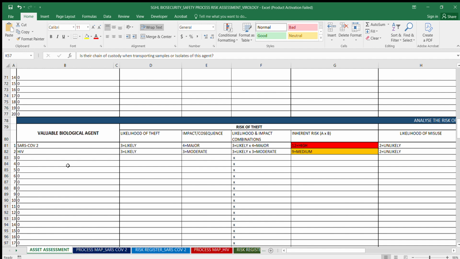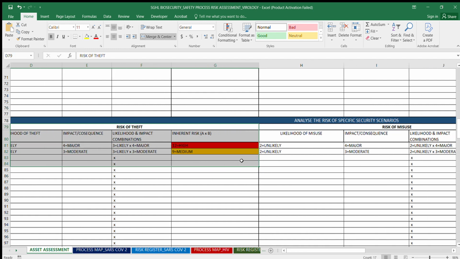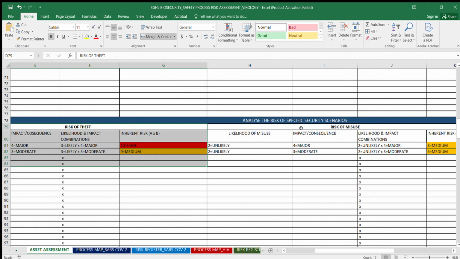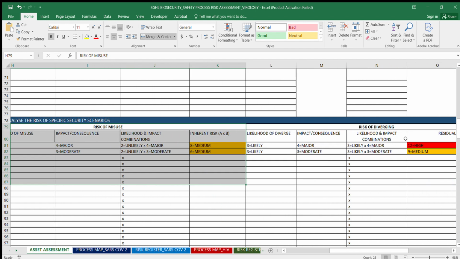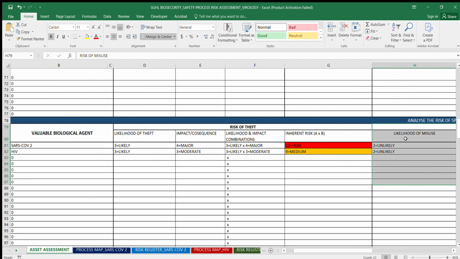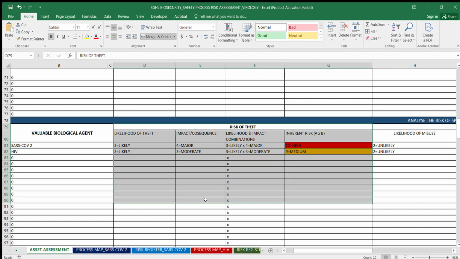From the information that you get from your asset assessment, and from the vulnerability checks, you then determine the risk of theft. You're also looking at the risk of misuse and the risk of diversion. These risks will tell you something about your potential adversary.